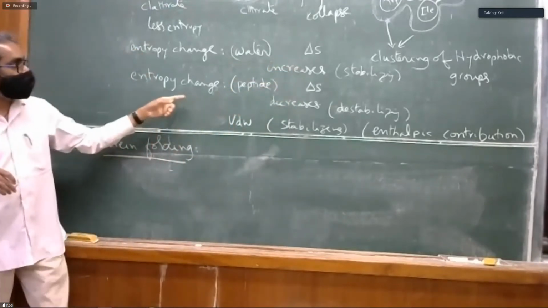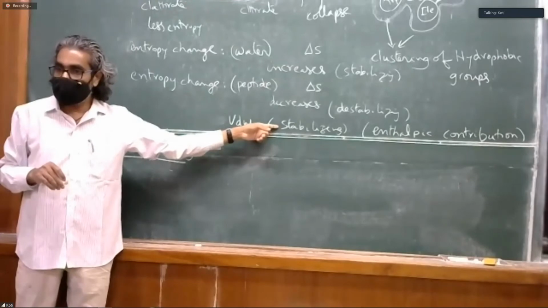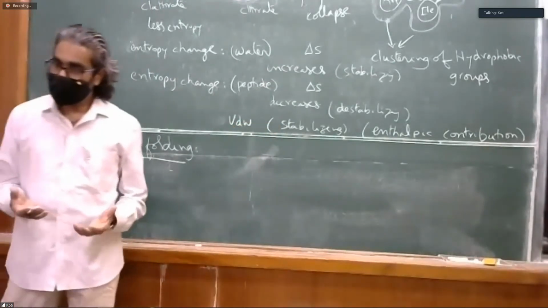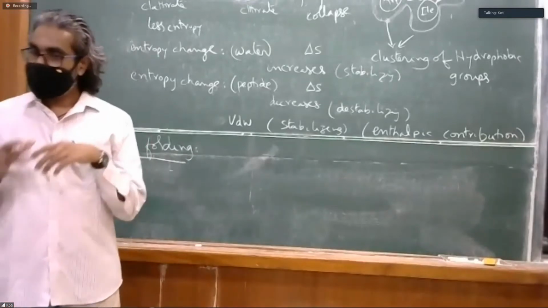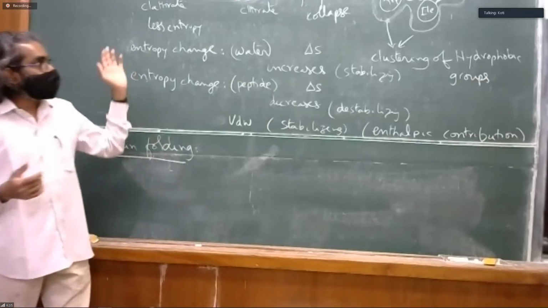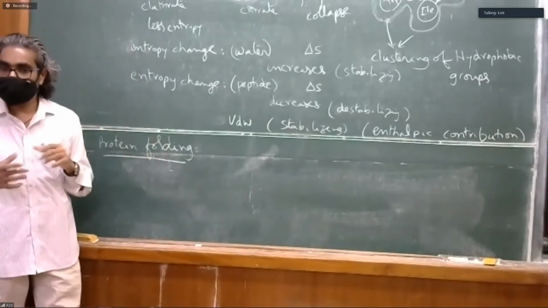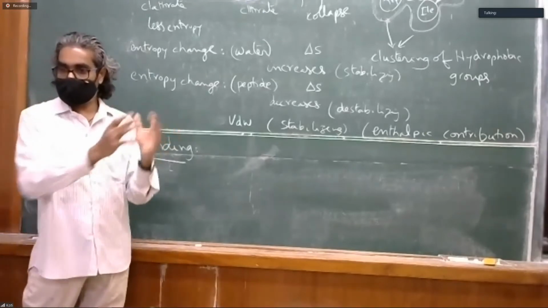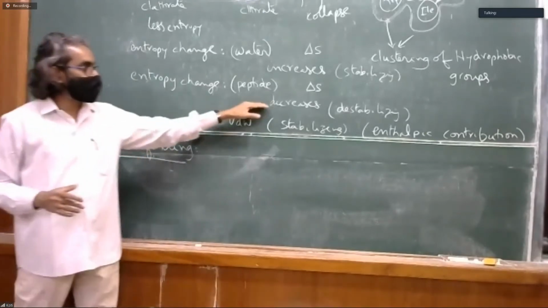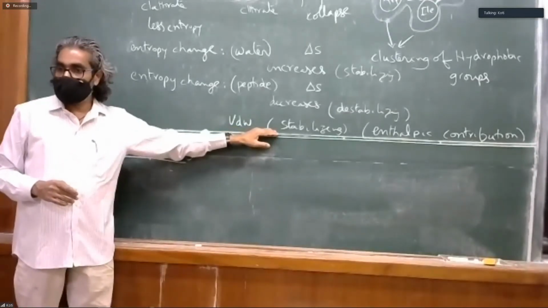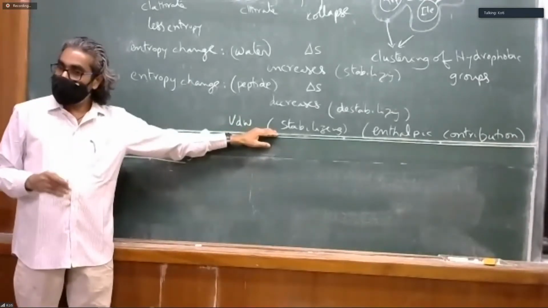Though the entropy of the peptide is decreasing, typically we say that anything where entropy increases is favorable because the disorderedness increases. But in protein folding it's the opposite: a disordered peptide goes to a well-defined ordered structure, so obviously entropy is decreasing. But you have Van der Waals interactions, which are stabilizing.